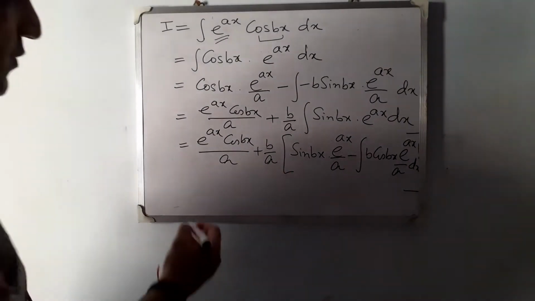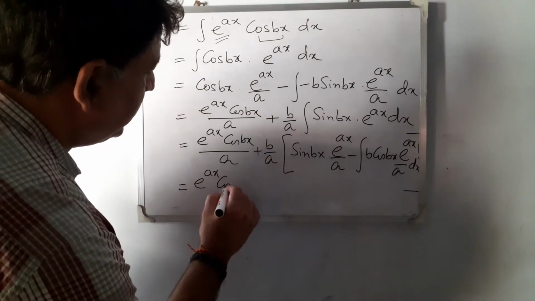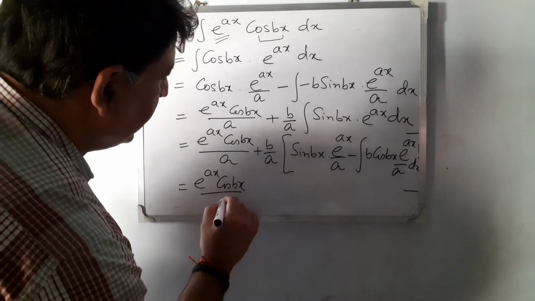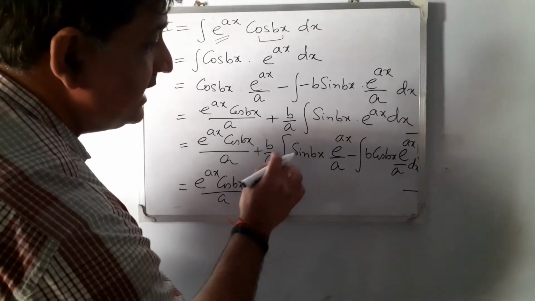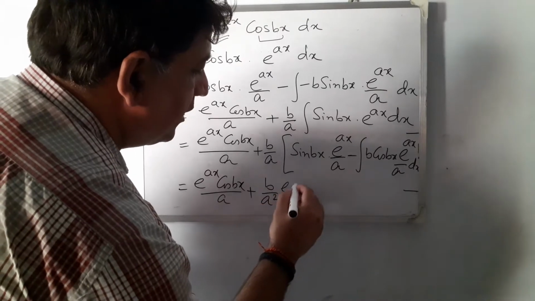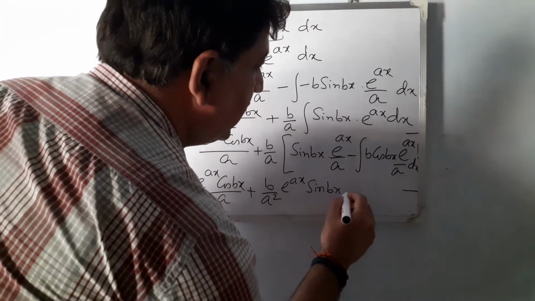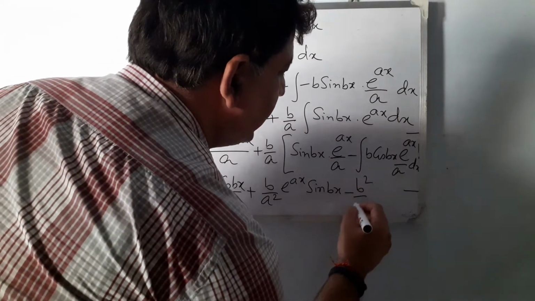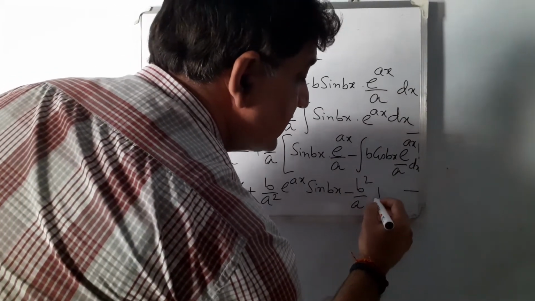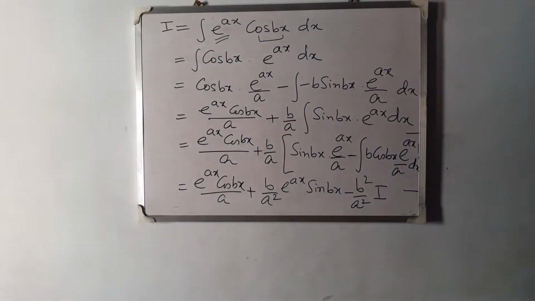Now what happens? You see, that is e power ax cos bx divided by a plus, here you will get b by a square e power ax sin bx, and then minus b square by a square into I. Why I?